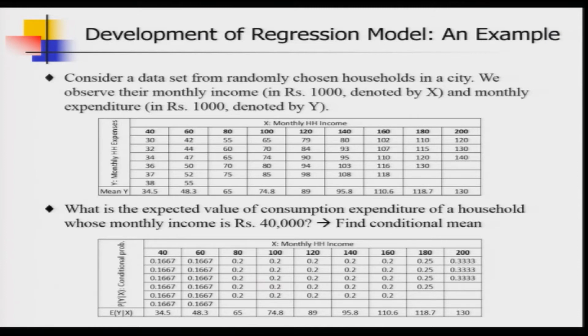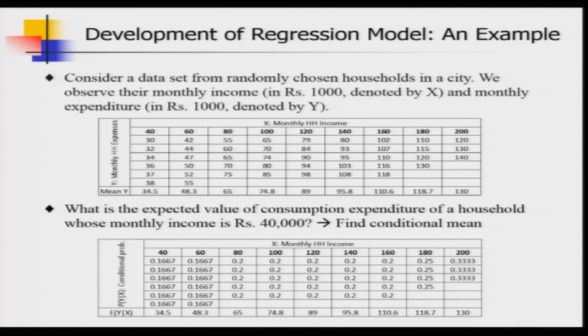So, for the 40,000 level I see 6 values reported, then for 60,000 monthly household income also I see 6 values of monthly household expenses, and then the last column 200 shows that there are only 3 numbers. So, in our sample we had only 3 households who reported that high monthly household income, and this table gives me the idea about the bivariate distribution of x and y.